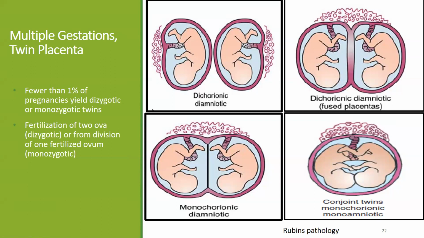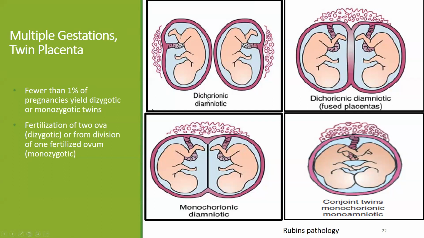Dizygotic means non-identical twins. Monozygotic means definitely identical twins. So we have multiple gestation, fertilization of two ova in dizygotic, or one ova, we see the monozygotic.